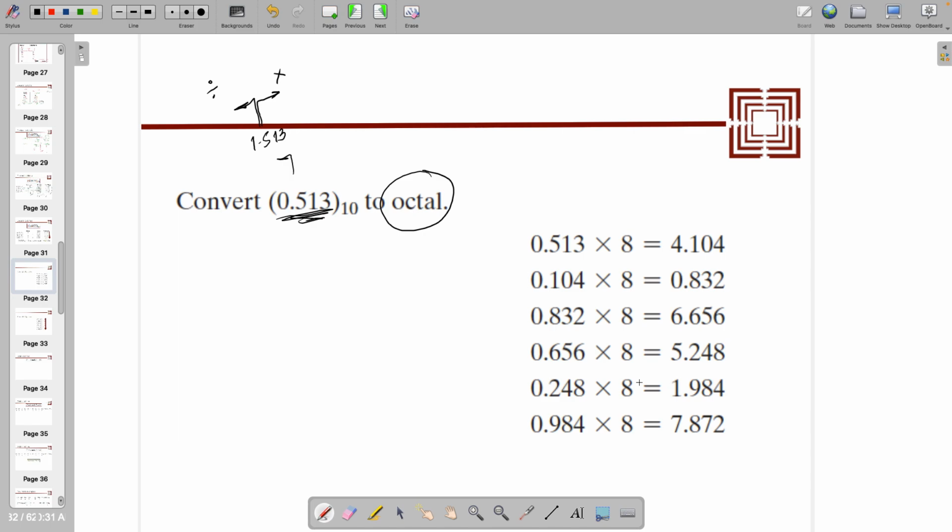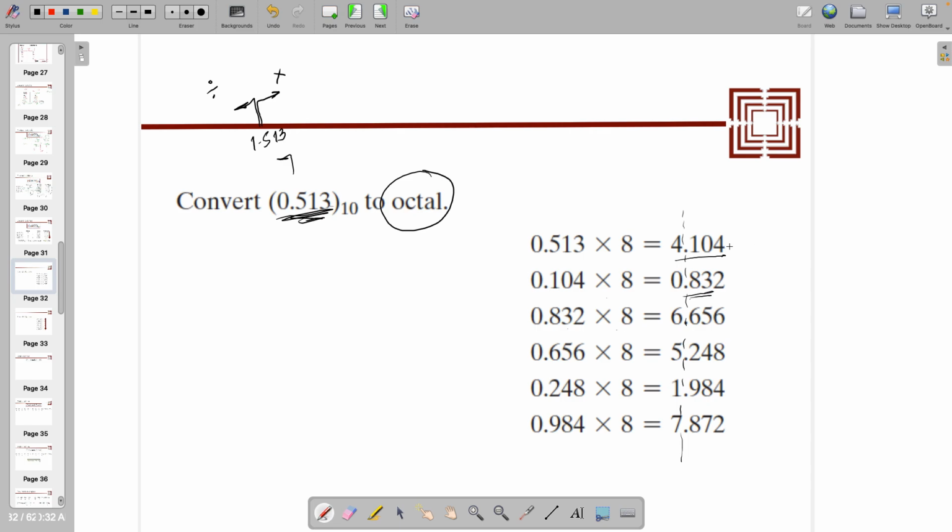So what you are going to get is 4.105. Then 4.105, you have to only take the fraction part. So 0.105 multiplied by 8 is going to give you 0.832. 0.832 again multiplied by 8 is going to give you 6.656, and so on and so forth.